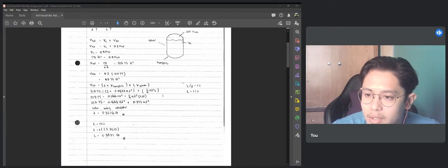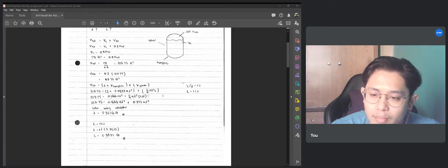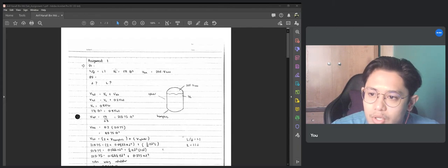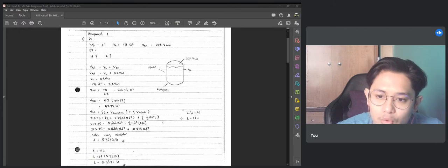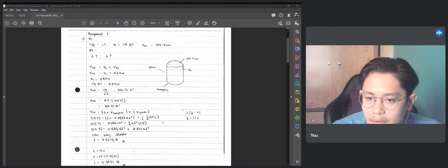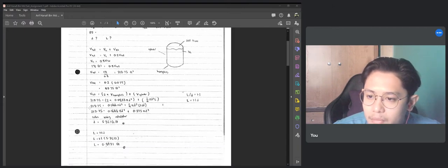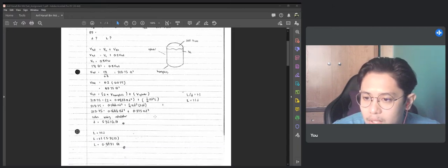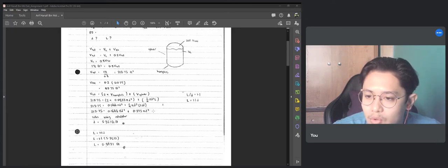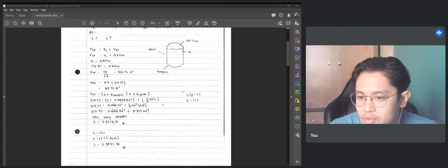Then we get 213.75 equal to 2 times 0.0833 pi d cube plus 1/4 pi d square times L. From the information given, we know that L over D equal to 1.1, so L equal to 1.1 D. Then we substitute L with 1.1 D, so we will get only one unknown in the equation. Then we can solve it using calculator.